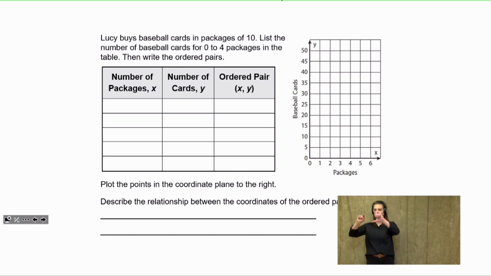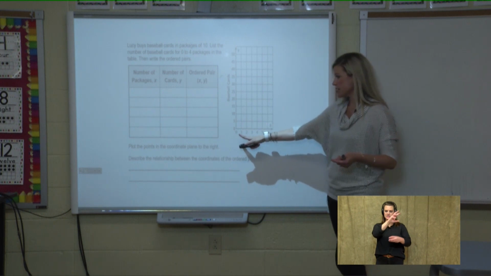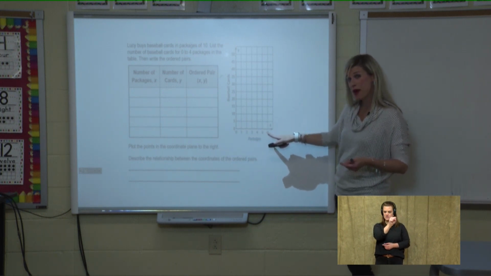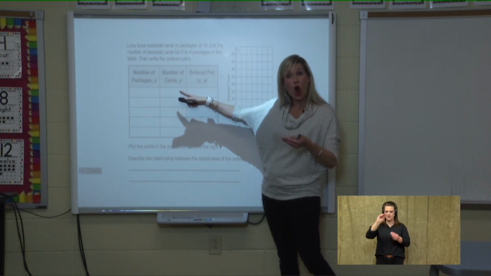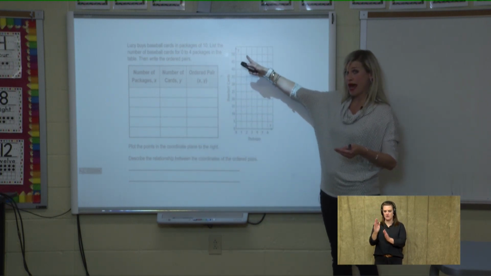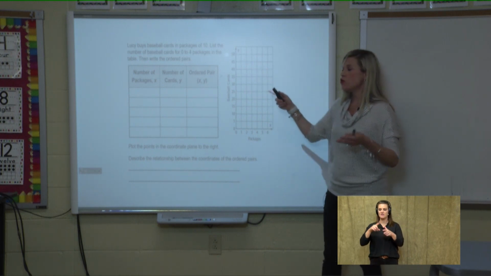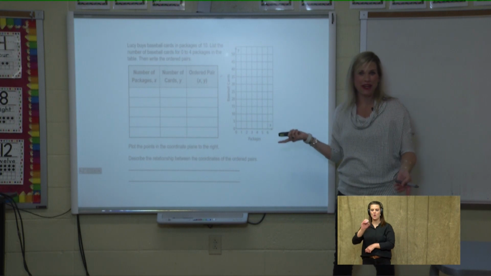Now remember, X is the number of packages. This is our A pattern. Y is the number of cards in the package. This is our B pattern. And then we'll put those patterns together to make an ordered pair.